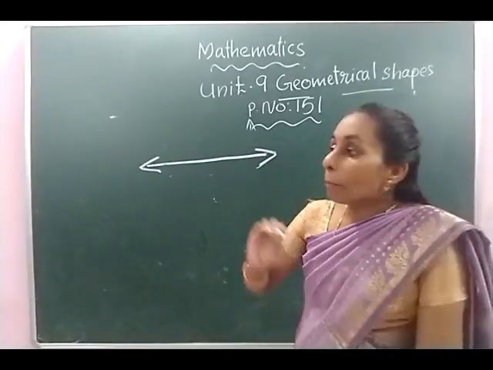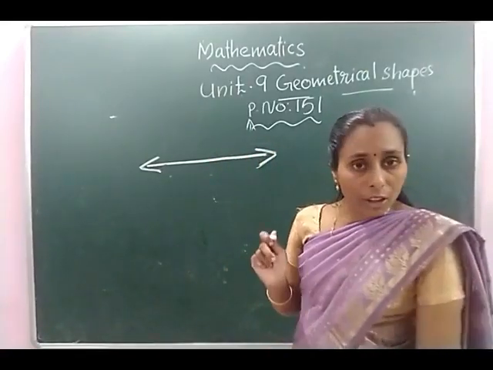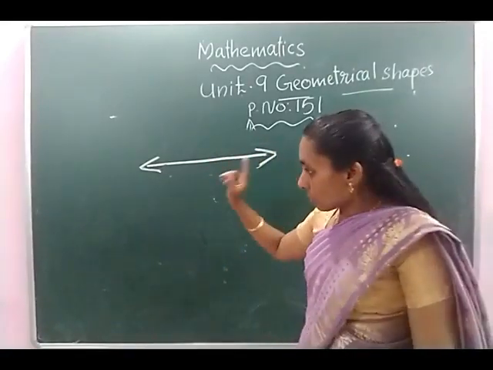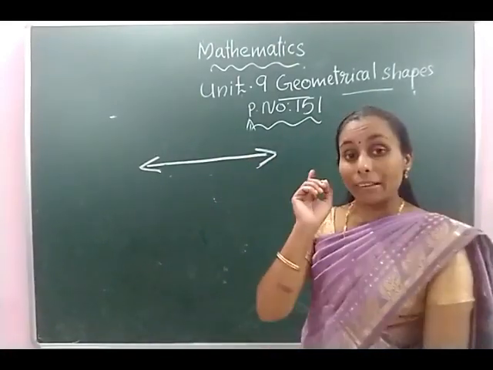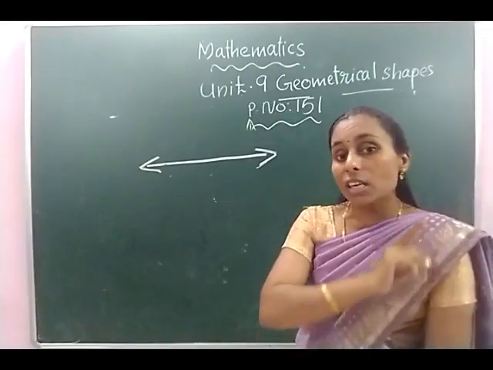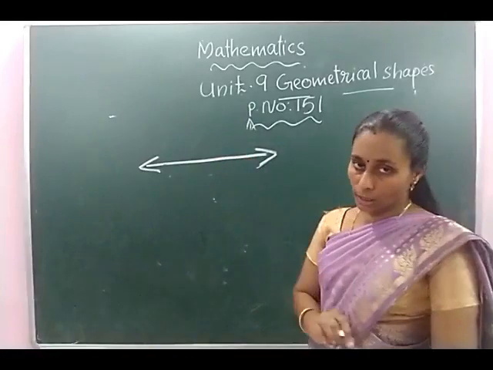Can we measure a line? No. Why can we not measure a line? It has no starting point. It has no ending point. It is endless, infinite in both directions, so we cannot measure it.